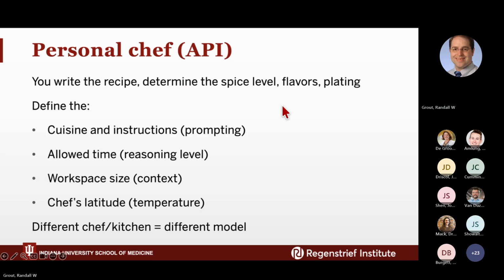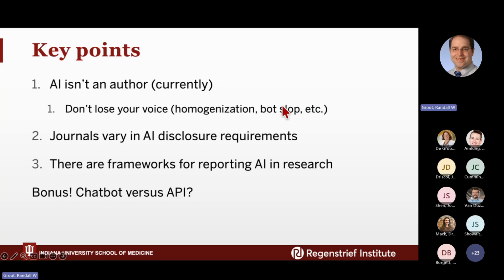All right. So coming to the final key points that we talked about today. First, AI isn't an author, at least currently. And when you're using AI as part of your manuscript development, there are a lot of concerns, and you'll see some editorials and papers about what can happen as AI is introduced into the academic writing process.